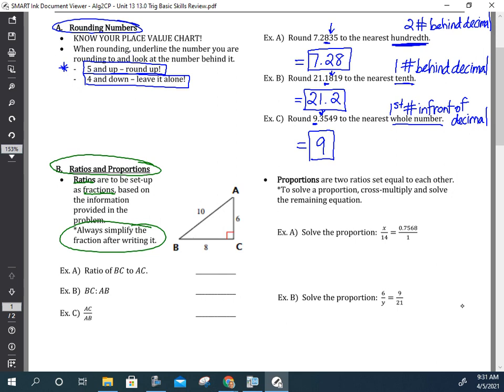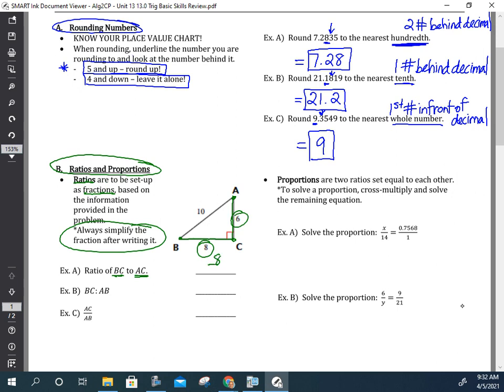So, example A. Ratio of BC to AC. When you set up the ratio, you set it up in the order that they gave it to you. It's not negotiable. So BC, B to C, was 8. AC, A to C, 6.